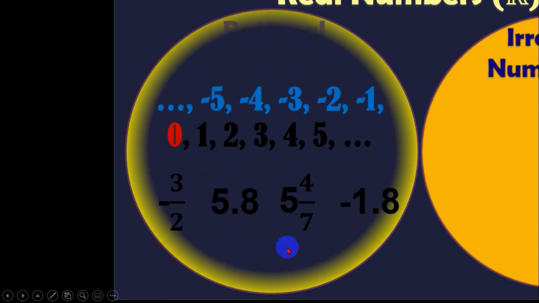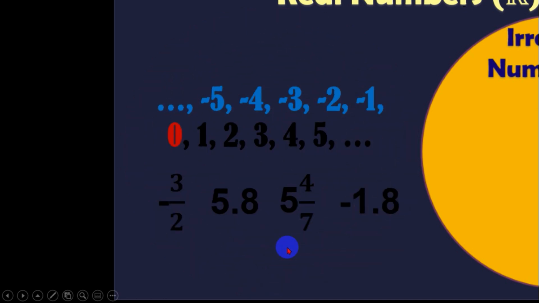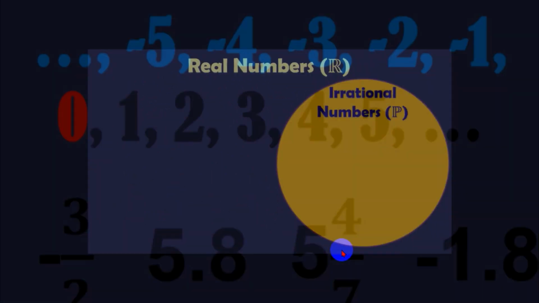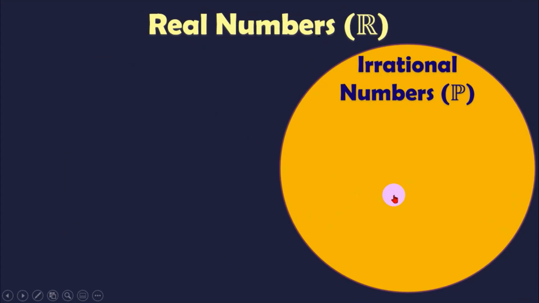Now, let's proceed to another type of real number that we have here. When do we say that we have an irrational number?